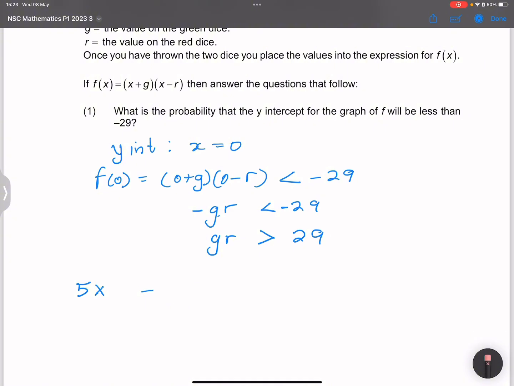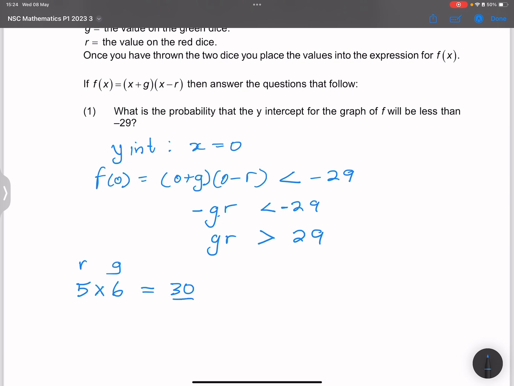Now, if I took, let's say, 5 times 5, all right, that gives us 25, and even that value is actually less than 29, okay? But if I say 5 times 6, okay, let's say this is the red and this is the green. So if I say 5 times 6, in this case, what do I get? I get 30, and that value is definitely greater than 29.